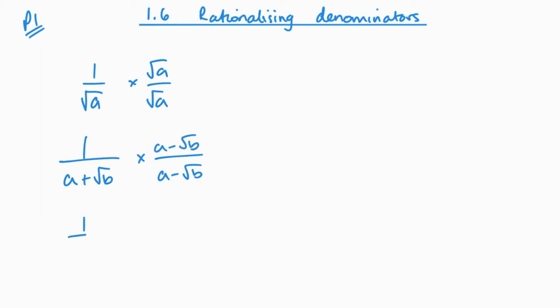Or again, if it was a minus root b, we need to multiply by a plus root b. We multiply the top and bottom always by the same thing, so that we are essentially multiplying the fraction by 1, so we're not changing the value or the size of that fraction.